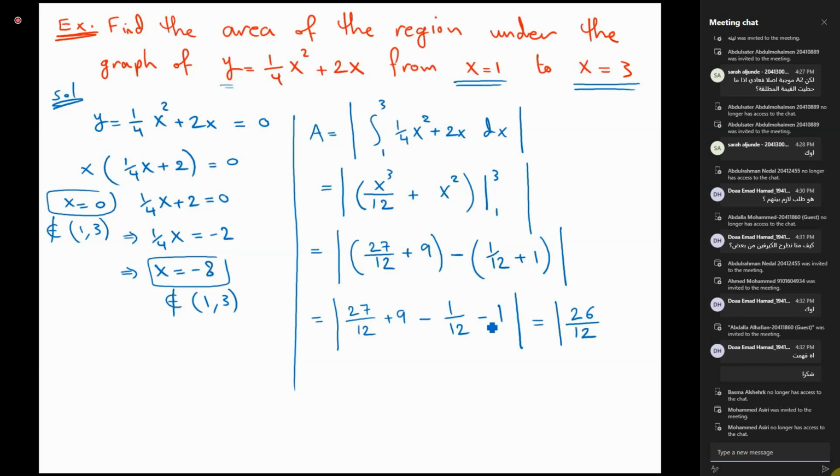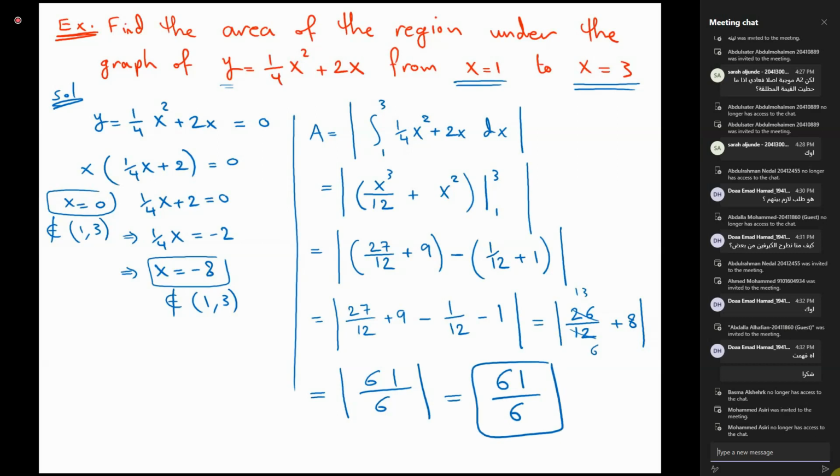Okay, this equals the absolute value of 8 multiplied by 12. We can put it as this 13 and this 6. 6 multiplied by 8, 48, plus 13, 61 over 6 with absolute value. So this is the area, 61 over 6. Okay, any question?